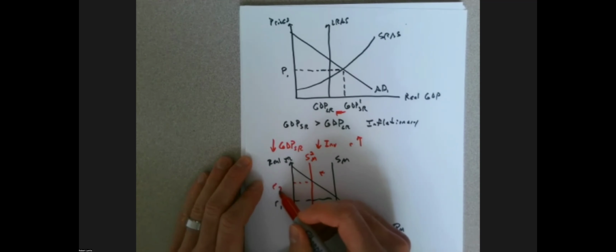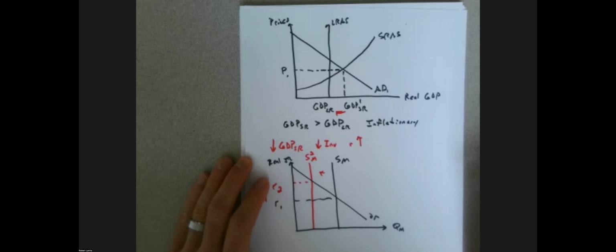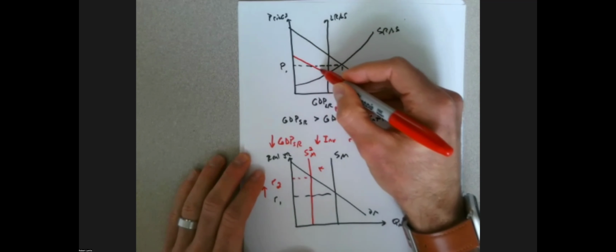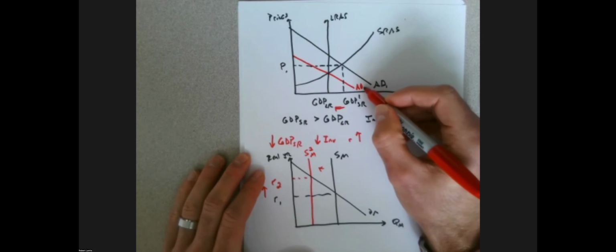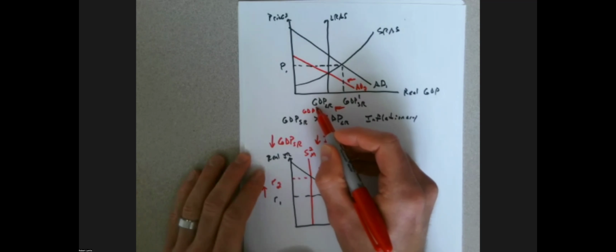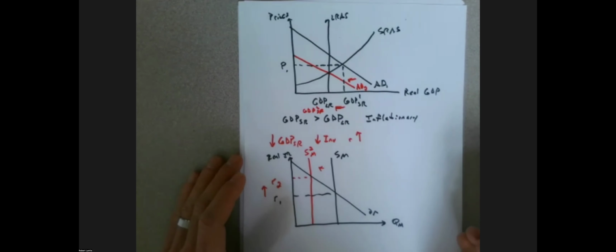That would then increase my real interest rates. If I increase real interest rates, I decrease investment, and I would shift the aggregate demand curve down. And now we end up with short run GDP exactly the same as long run GDP. I've closed that inflationary gap.